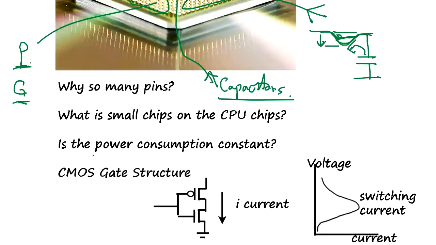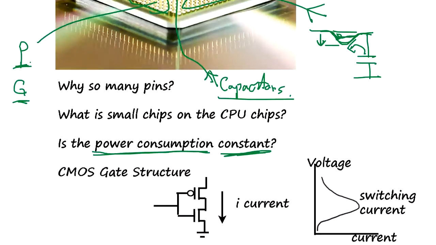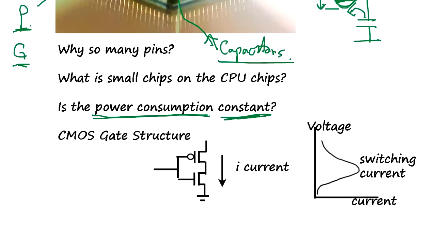I'm talking about power consumption. CPU's power consumption is not constant, okay? The reason is most CPUs nowadays are made with CMOS. That means there is gate to gate, and when this is high, this opens up, but this closes.